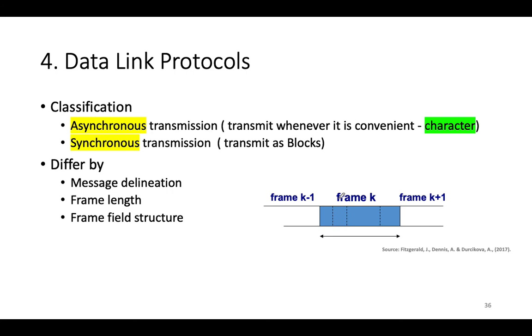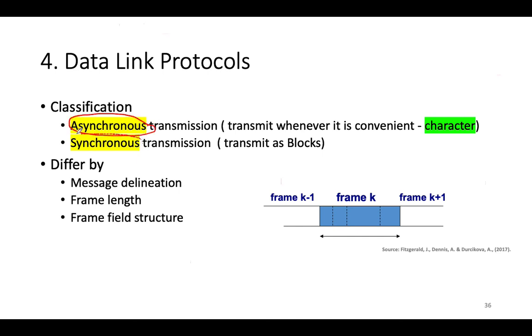For the data link protocol classification, if you want to send data, there are two ways of sending it under the data link: asynchronous and synchronous. It's a very easy concept, and I just want you to be familiar with it. Asynchronous transmits character per character.